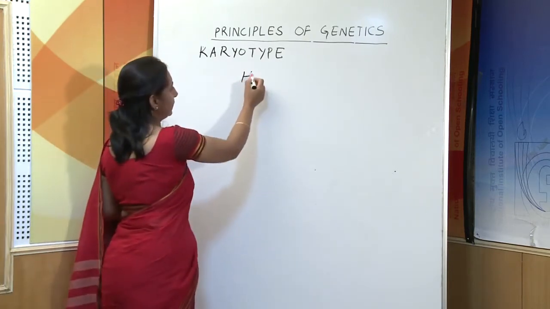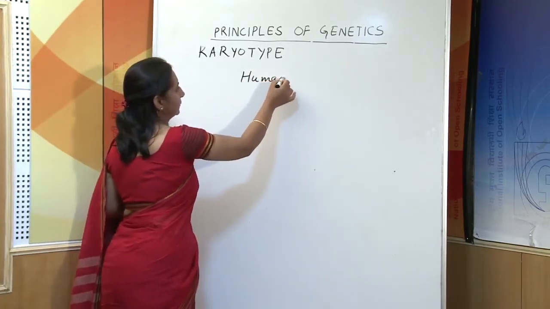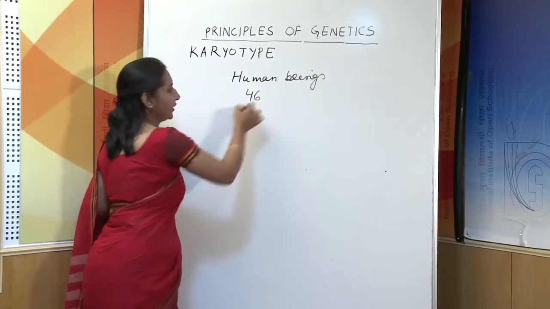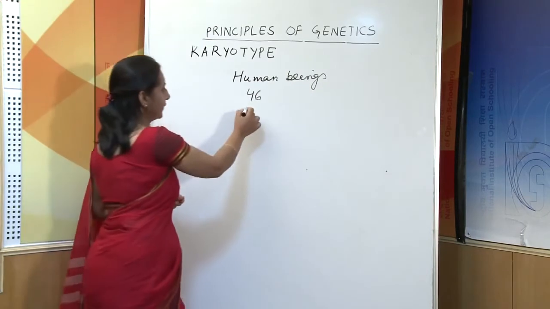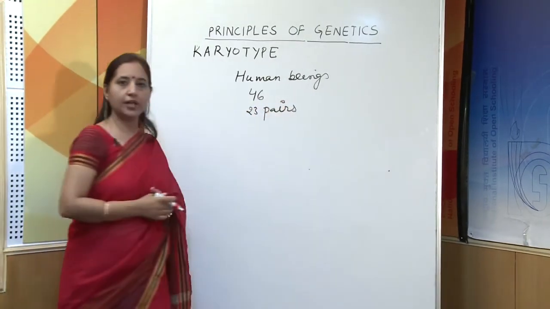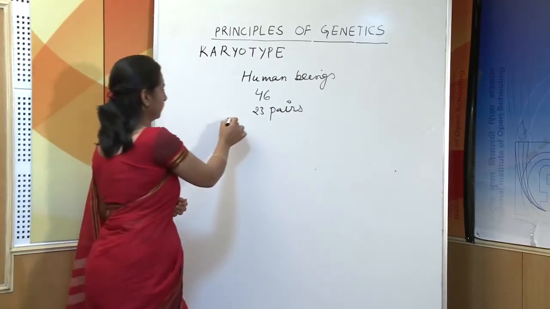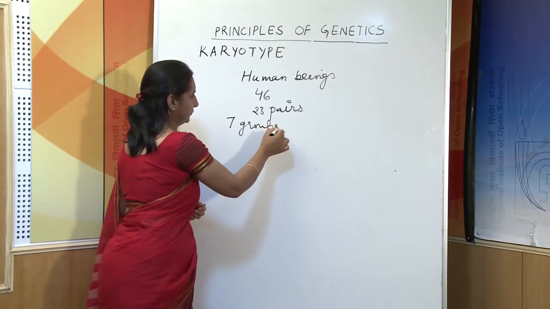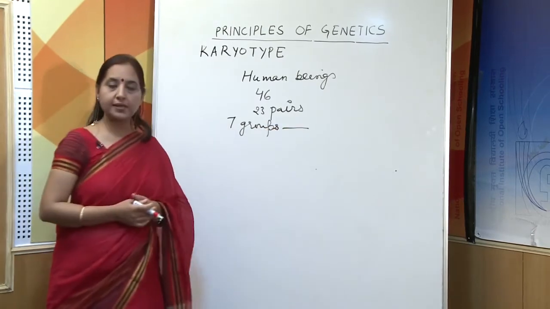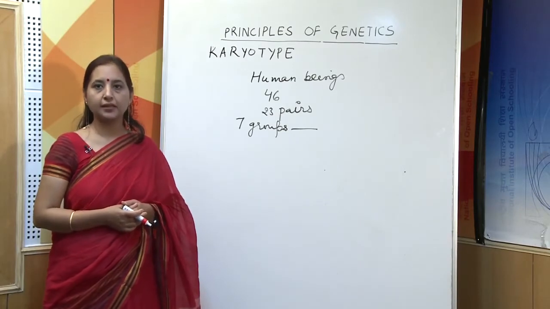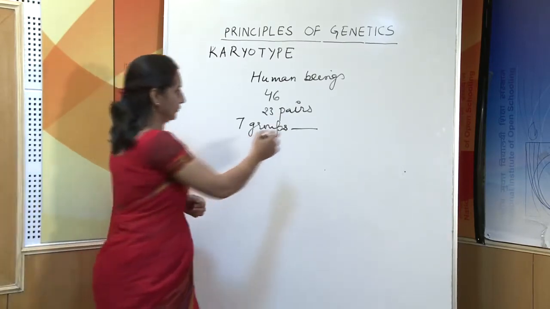In the case of human beings, there are 46 chromosomes, that is 23 pairs, and they are arranged in 7 groups. The basis on which they are classified is their size and the position of the centromere.